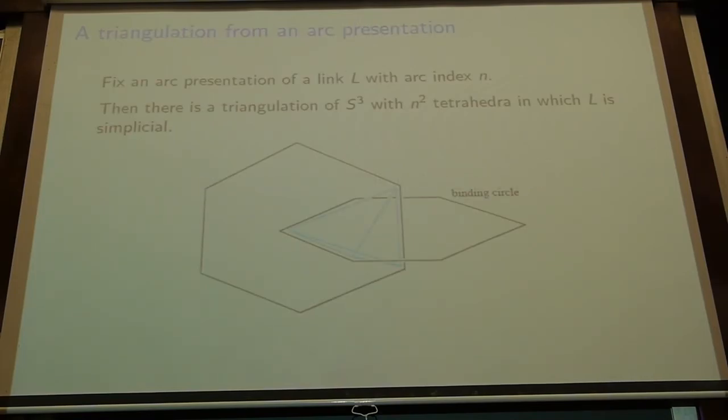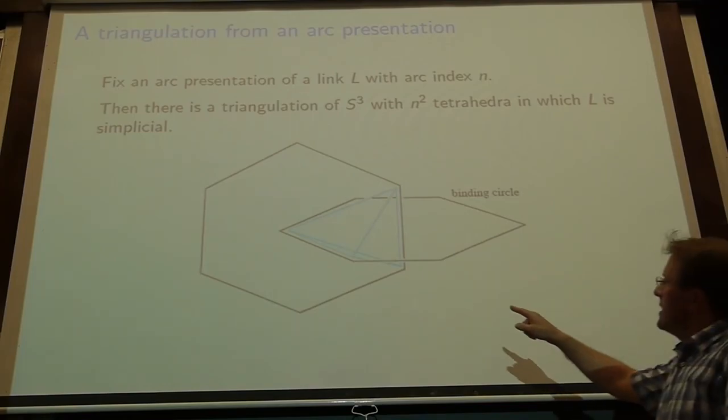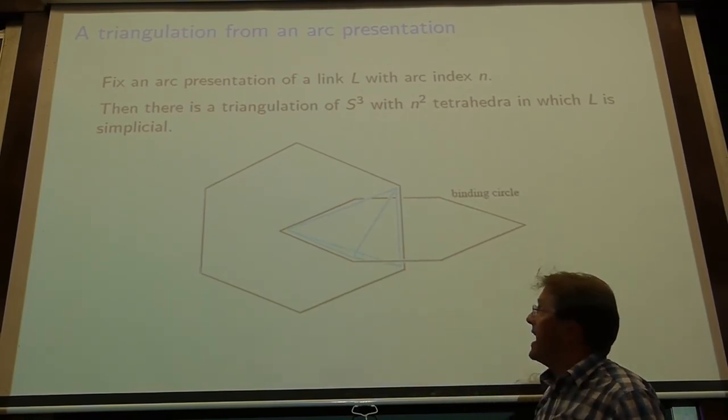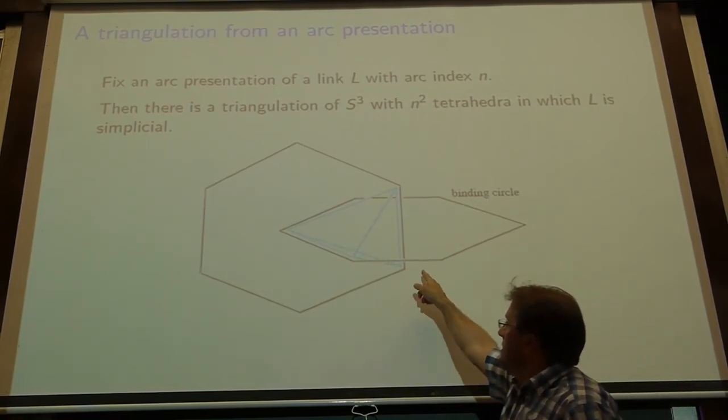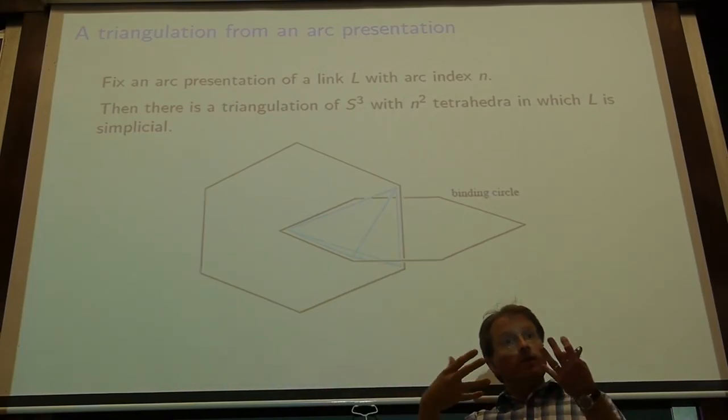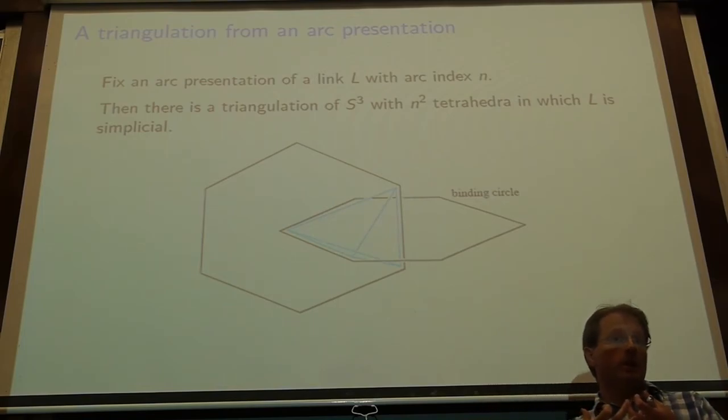First of all, to apply normal surface theory, you need a triangulation. There's a triangulation that was described by Dynnikov, which is a very natural one. If you have arc index n, then you can create a triangulation of the 3-sphere by realizing the binding circle as a polygon with n corners, the dual circle as a polygon with n corners, and taking the join of those two triangulations of the circle.